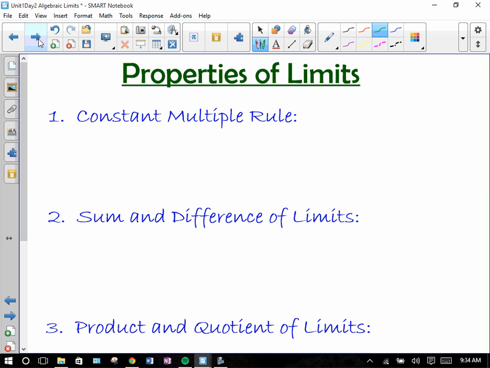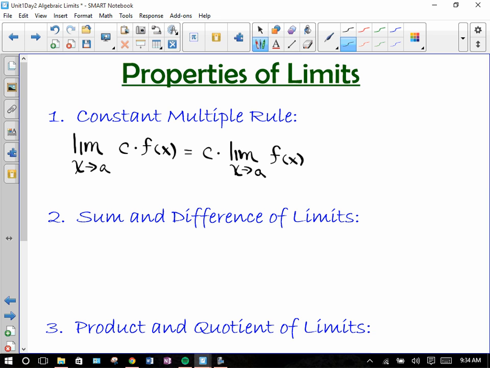What this says is if you have the limit as x approaches a, we just say a for any number, of c times f of x, where c is a constant, then this limit is just equal to c times the limit as x approaches a of f of x.